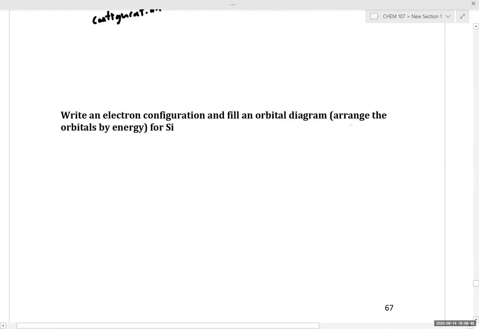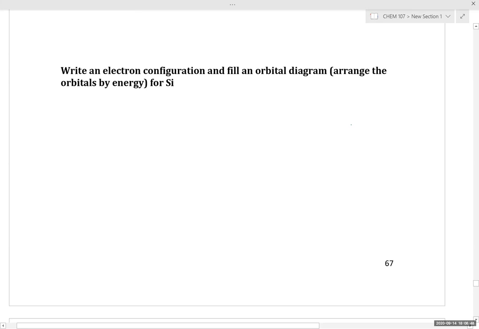Okay, so now let's do something a little bit different. Let's spend about 3 minutes on this example. I'd like you to write the electron configuration and try to fill in an orbital diagram for silicon. Practice really makes perfect for electron configurations.